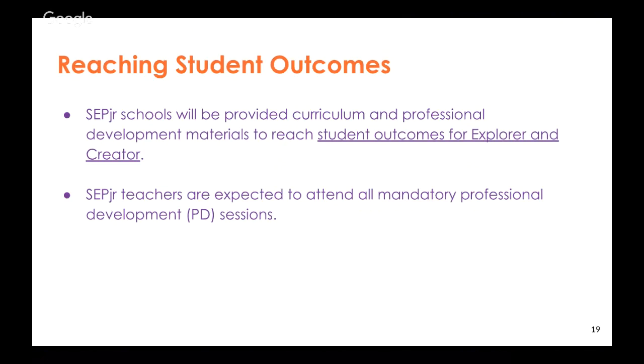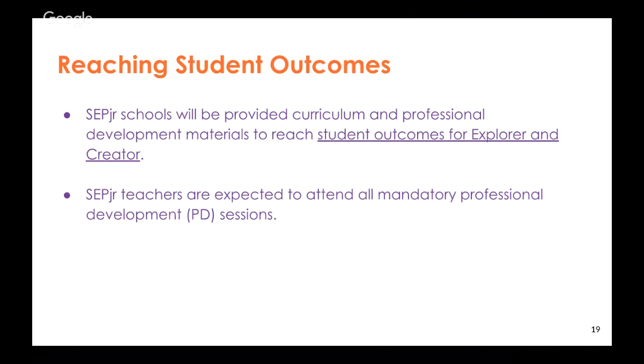When it comes to student outcomes, our expectation is that the teachers are working towards the Explorer and Creator. So the curriculum that we provide and the professional development materials are focused on those two perspectives around student outcomes. And it's not to say that if you have a student participating from kindergarten to fifth grade, by fifth grade, they actually might be pushing towards Innovator.